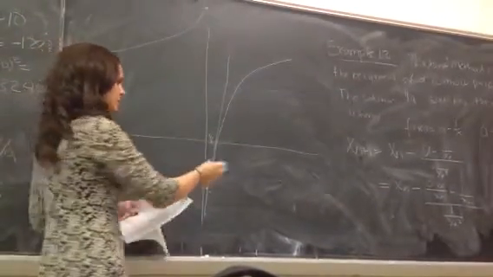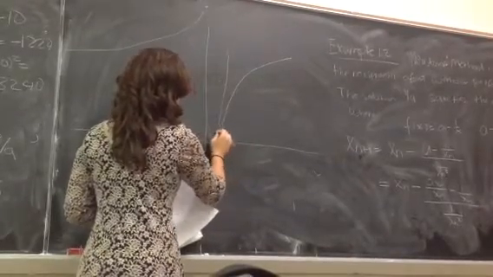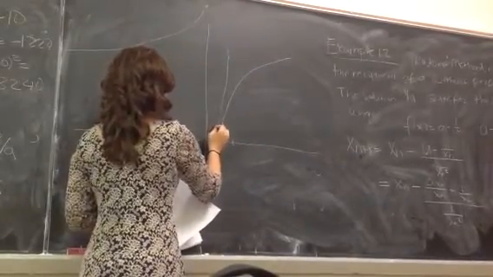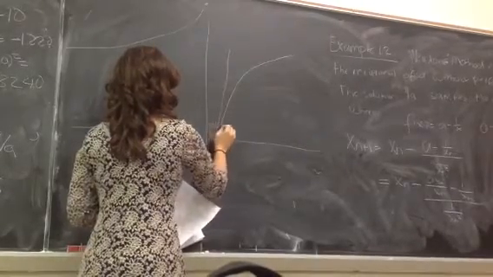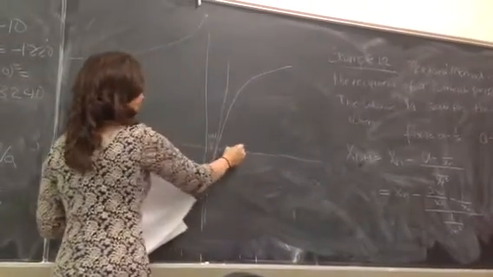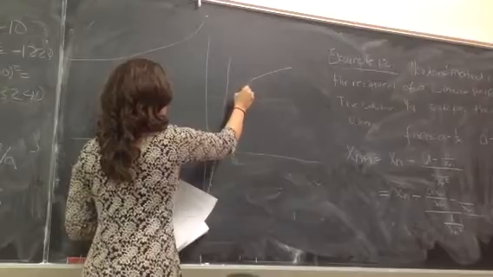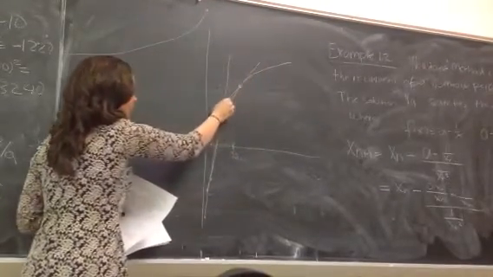Now, if I choose my x sub 0 equal to 1, we'll call this the old x sub 0, and this one the new. So here's my tangent line right here.